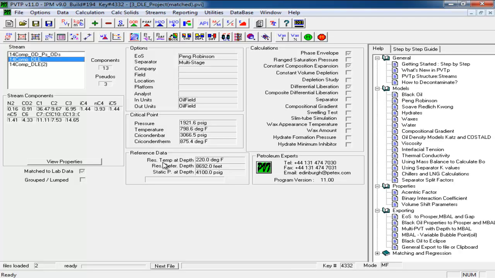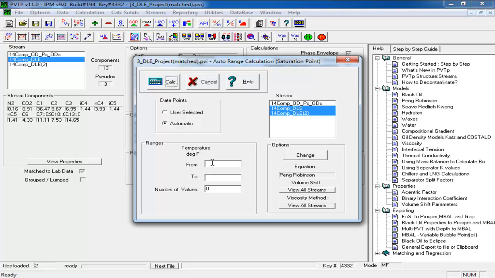Yeah, in this, you see this button here, Vsat. Here you just enter the temperature, which should be constant, because we are talking about Vsat at constant temperature. I have seen that some people change this temperature.